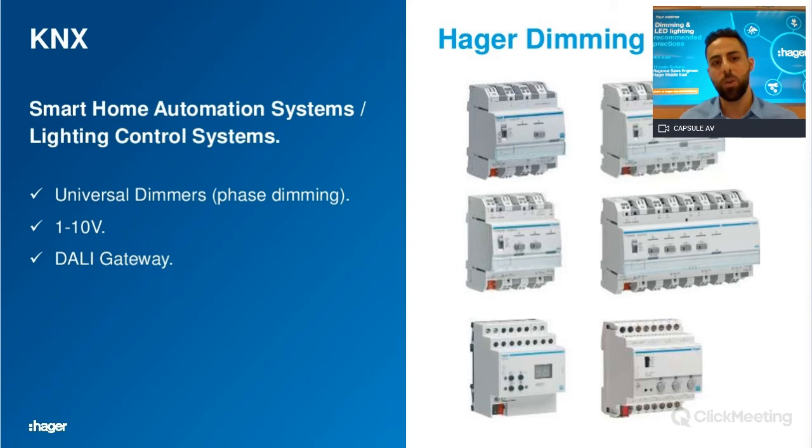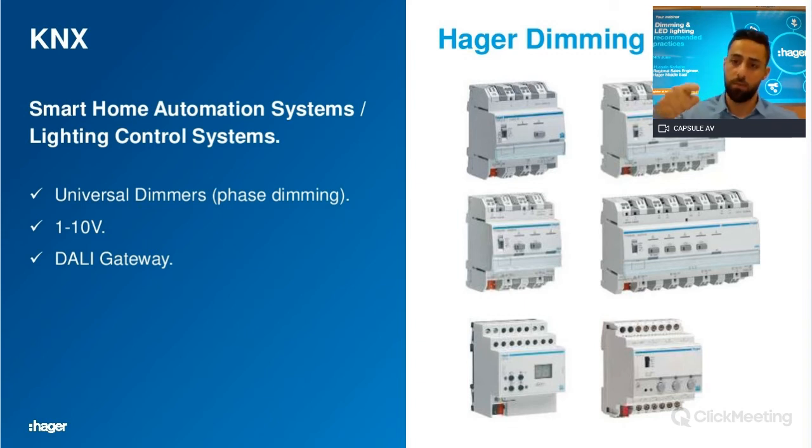KNX, smart home automation systems and lighting control systems. On the right side, you can see our solution. Our phase dimmers are also universal, so they are forward and reverse dimming. They come in 1 channel, 2 channel, 3 channel, and 4 channel. They are multi-phase, and they come in different capacities, 300 and 600 watts, and they are cascadable.